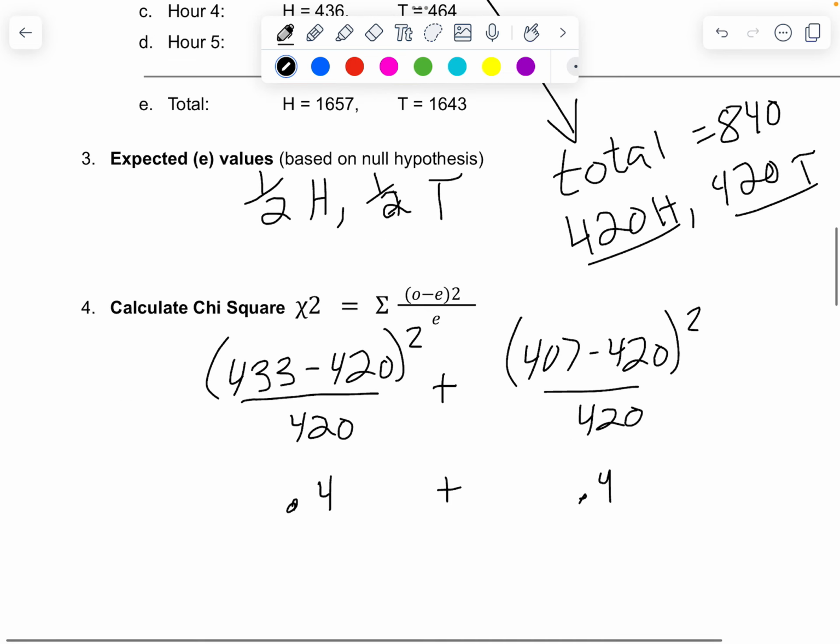So it's not going to matter if it's a negative or positive, because when you're squaring it, you get a positive. So 0.4 plus 0.4 equals 0.8.